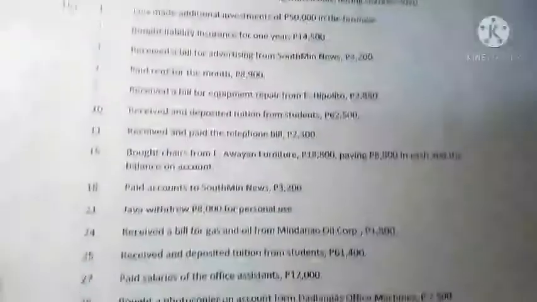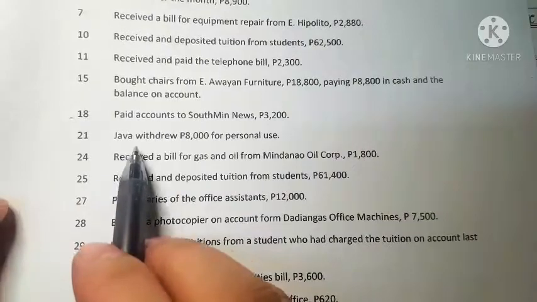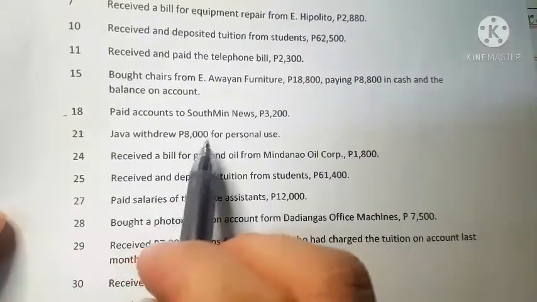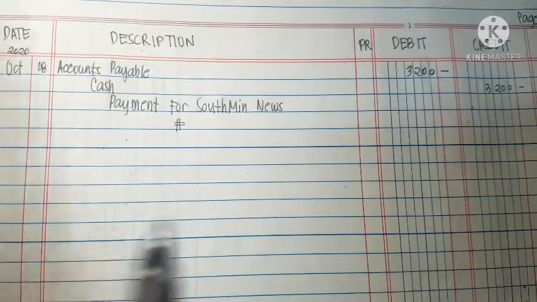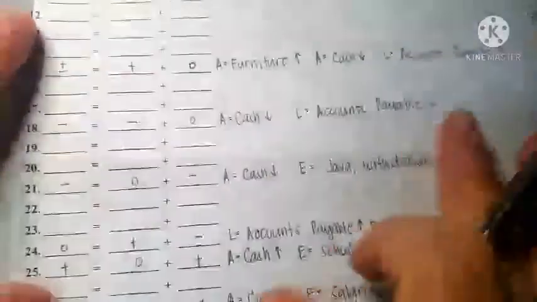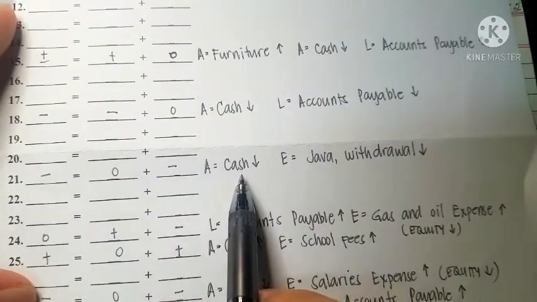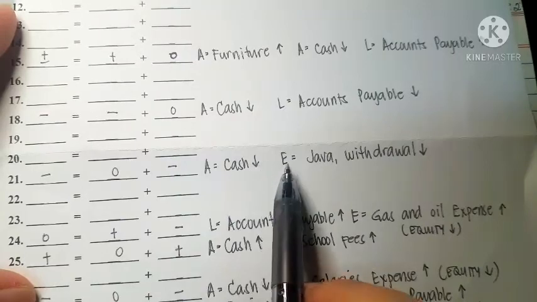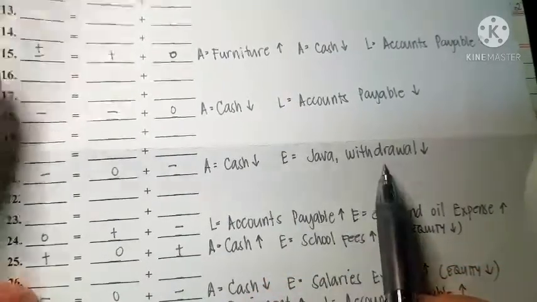Next is October 21. Java withdrew 8,000 for personal use. So, there is a decrease in assets, particularly cash, and a decrease in equity, particularly Java withdrawals.